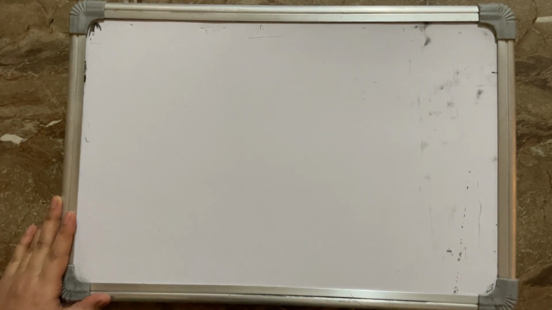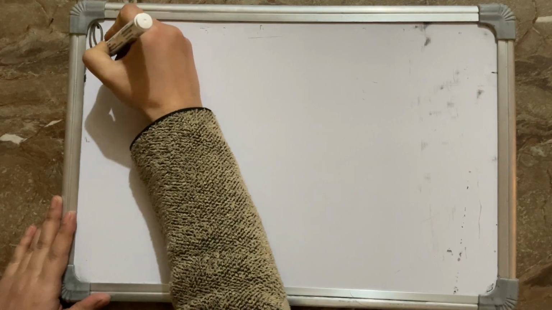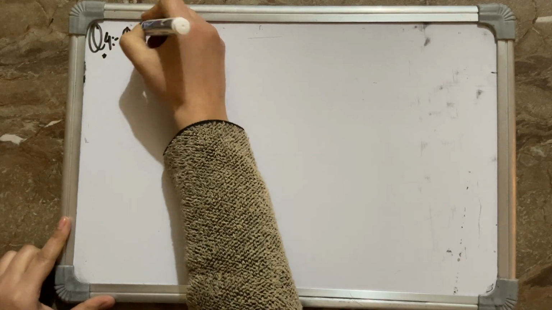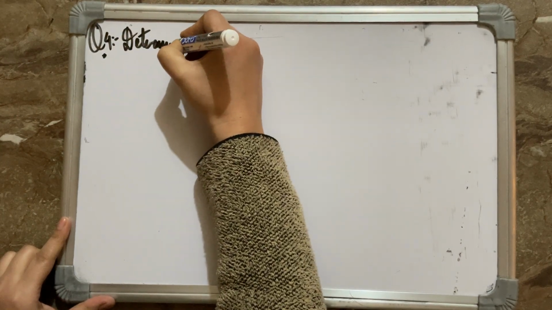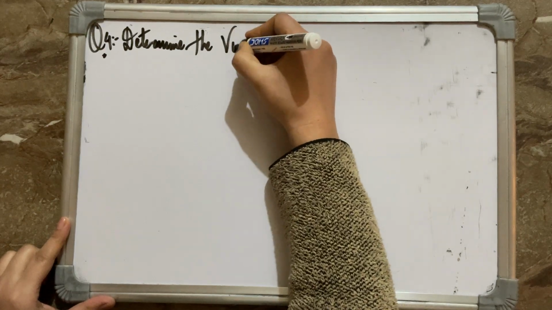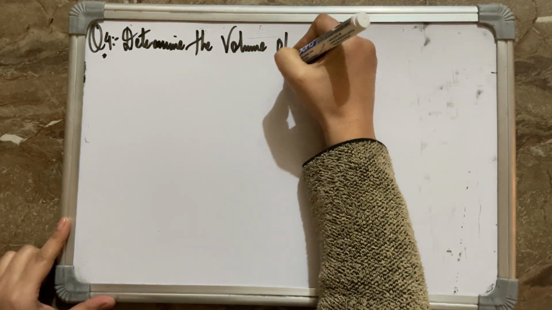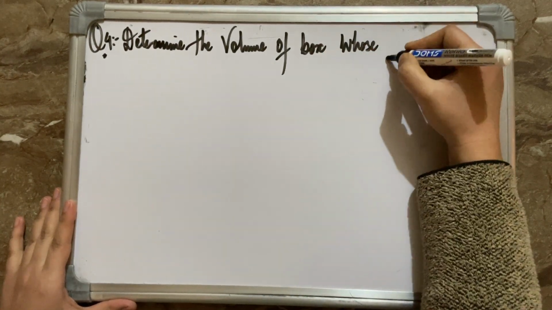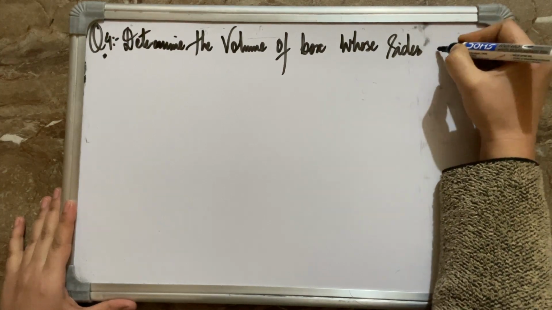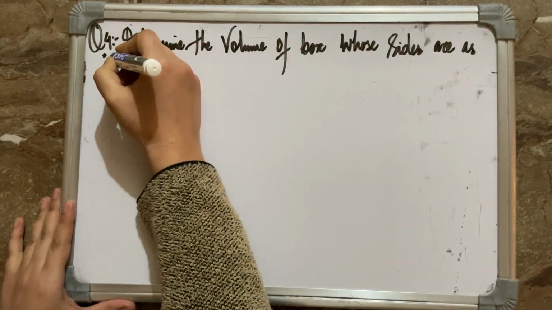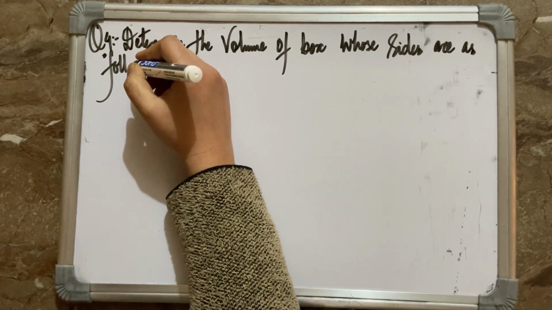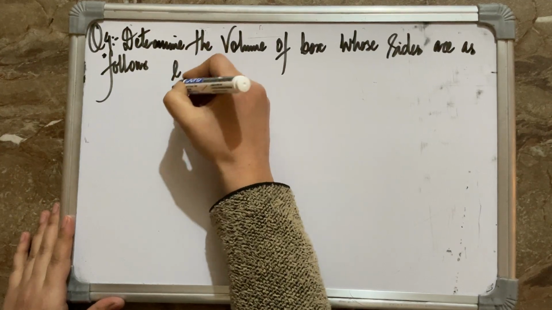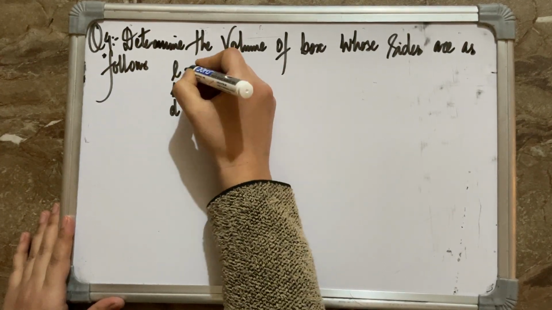Question number 4. Determine the volume of a box whose sides are as follows. We have to calculate the volume, and the box has the following sides: length, breadth, and depth.